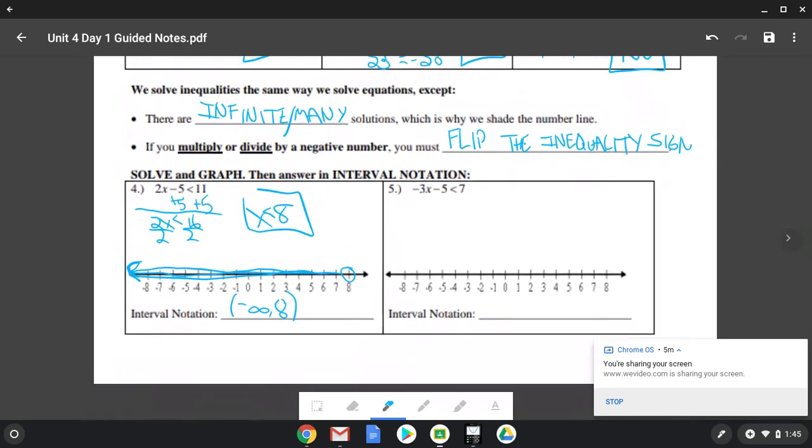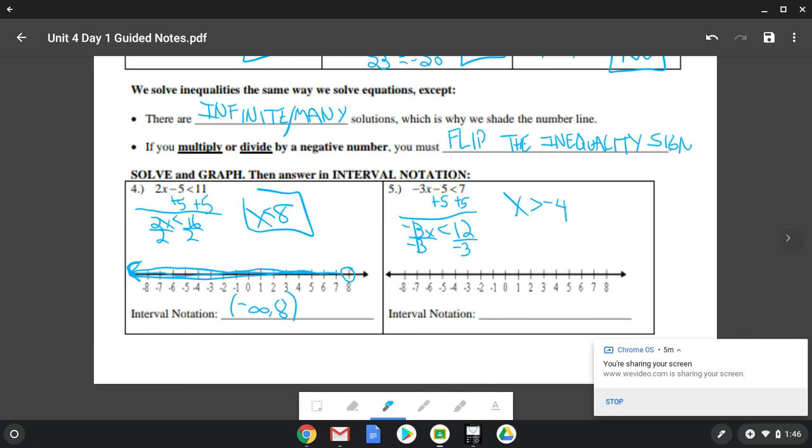Number 5, if I were to solve, we add 5 to both sides. I get negative 3x is less than 12. Divide by negative 3. And this is where, because we divided by a negative, we have to flip that sign. So it goes from a less than to a greater than. And then we get negative 4 in there.